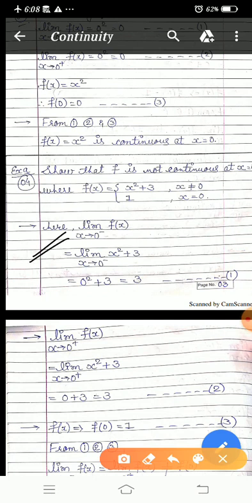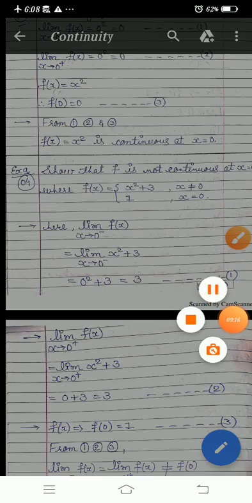That means x tends to 0 but the value will be less than 0, because it is the left hand side limit. So the function is x square plus 3. By putting the value of x, it will be 0 square plus 3. So the answer will be 0 square plus 3 equals 3.